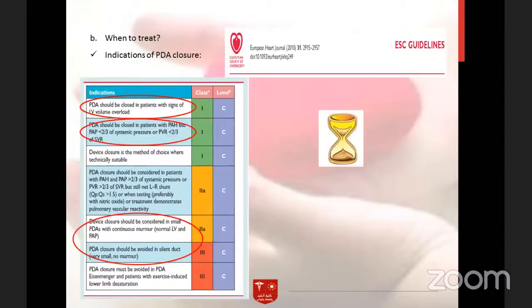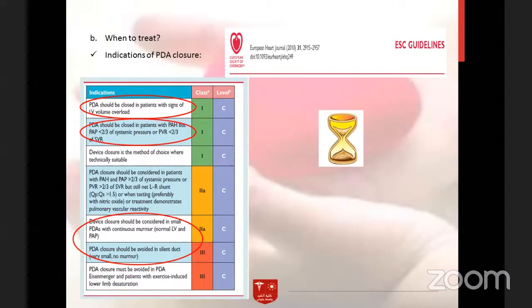When to treat PDA, as we discussed throughout the cases, a PDA should be closed if we have signs of LV volume overload or pulmonary hypertension, but we have to make sure that the pulmonary artery pressure or the pulmonary vascular resistance is less than 2/3 systemic.